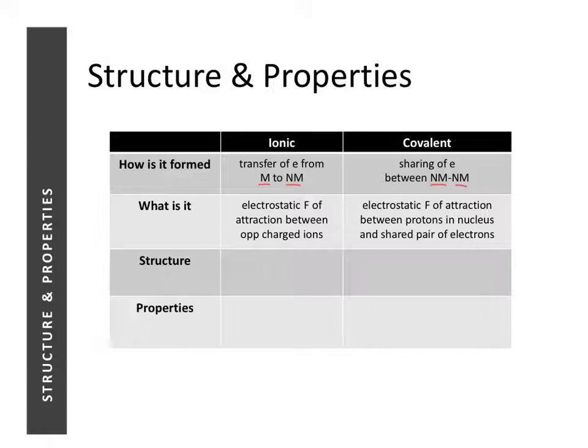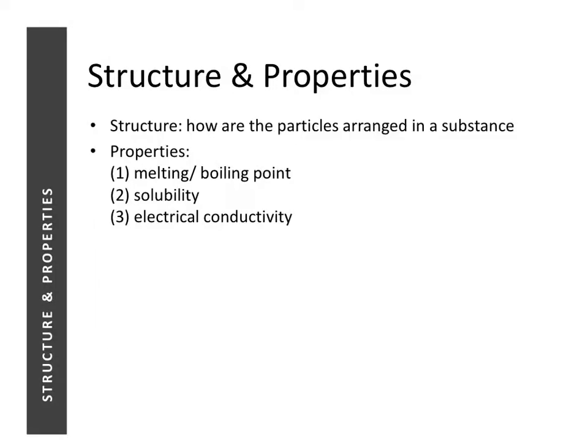Now what exactly do I mean by structure and properties? By structure, it means how the particles are arranged in a substance. For example, let's say I have a sodium chloride crystal in my palm. Sodium chloride is an ionic compound, since sodium is a metal and chlorine is a non-metal.